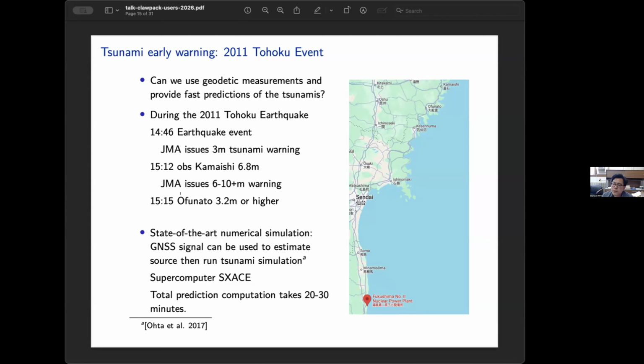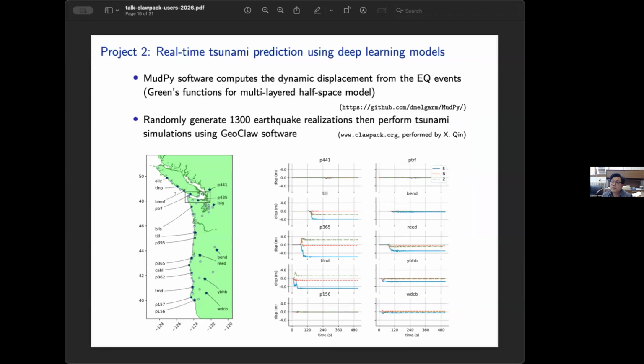So if it's a near-shore event, unless you're in a very special scenario like the Strait of Juan de Fuca, which channels the wave and it takes a while for the tsunami wave to come in, having 30 minutes of measurements of the tsunami wave itself means you have to wait too long to make a prediction. So we thought, maybe there is a different way to get the measurements of the incoming wave. And our thought was, maybe we can just use the seismic waves, which propagate much faster.